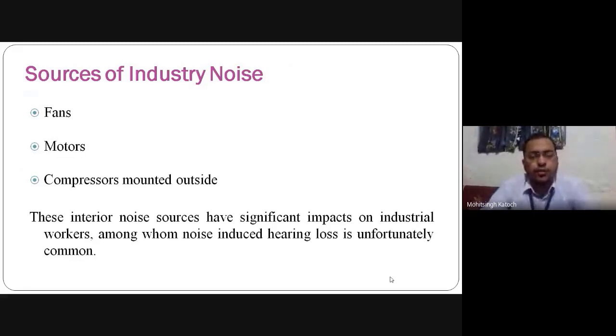These interior noise sources have significant impact on industrial workers, among whom noise induced hearing loss is unfortunately common. So the workers who are working continuously in these noisy environments face loss of hearing very commonly. So we must try to protect these workers from these type of losses.